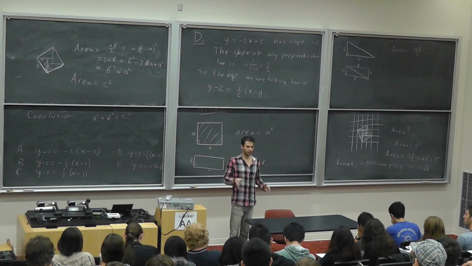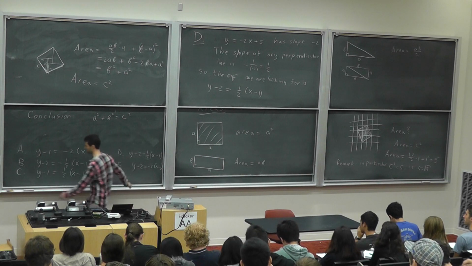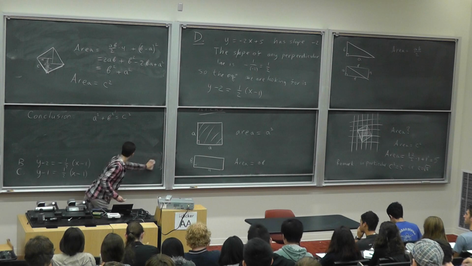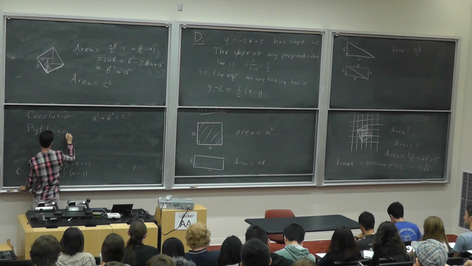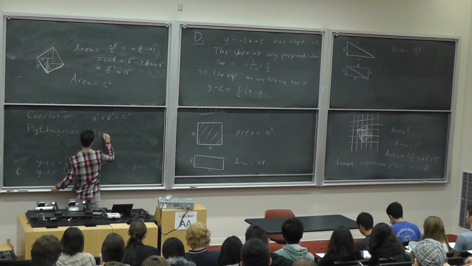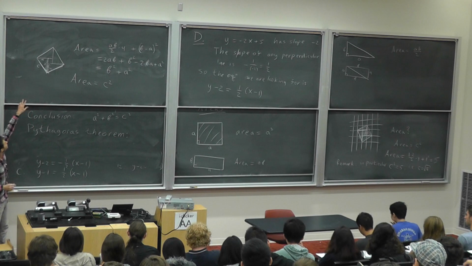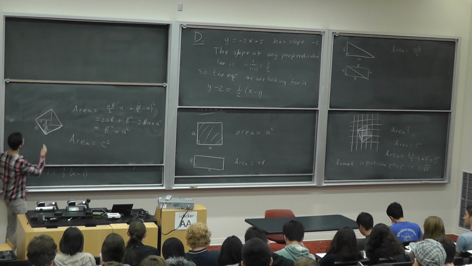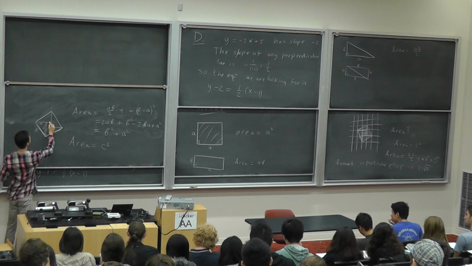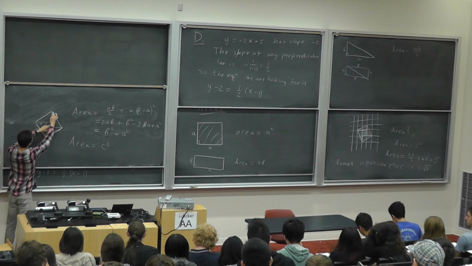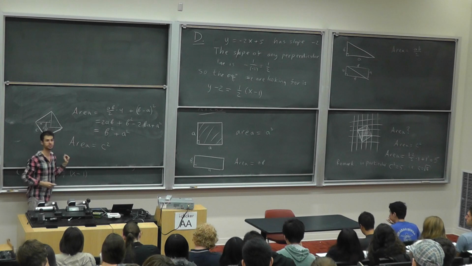Now, if you heard about Pythagoras theorem, that's exactly Pythagoras theorem. So let me write down Pythagoras theorem. Pythagoras theorem is, well, basically about such a triangle. If you have a triangle with a right angle besides A and B, then the other side satisfies C squared is equal to A squared plus B squared.